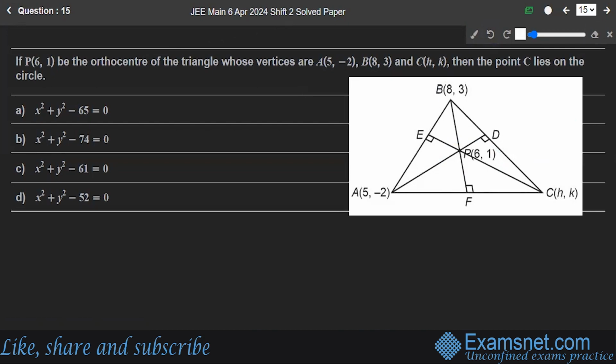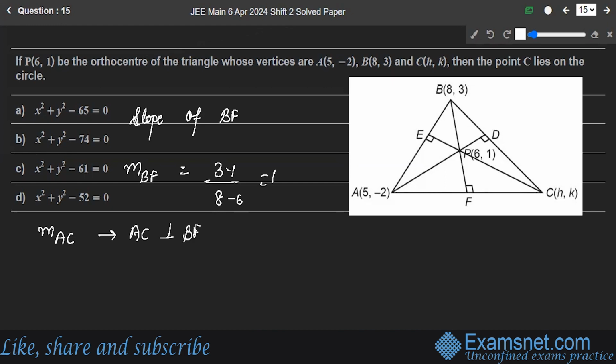All right. So first thing, what is the slope of BF? This is given by M of BF. This will be 3 minus 1, that's 1, right? Slope of AC: see, AC is perpendicular to BF. So the slope of AC is equal to -1.